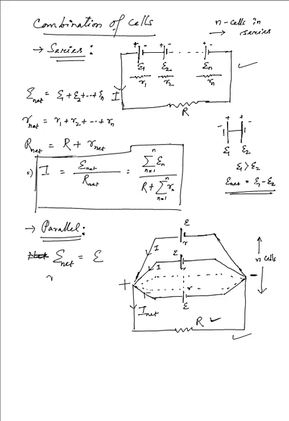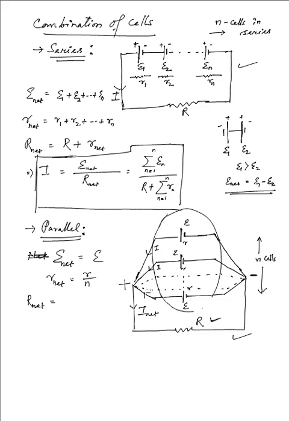Now the internal resistances: in parallel we have n number of resistances in parallel, so as we had discussed, this will be r by n. We had discussed this a few minutes ago in this video. And the net resistance with the external resistance taken into consideration, we have that to be in series with this entire lot of parallel combination that we have just considered.